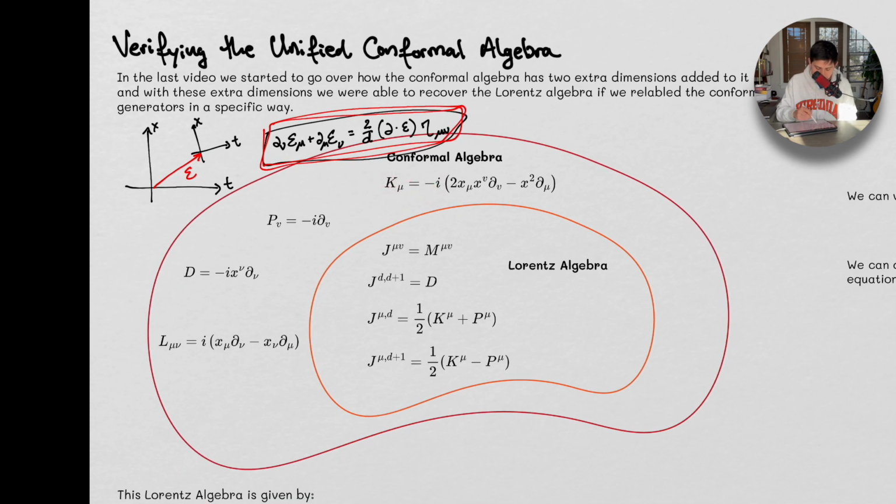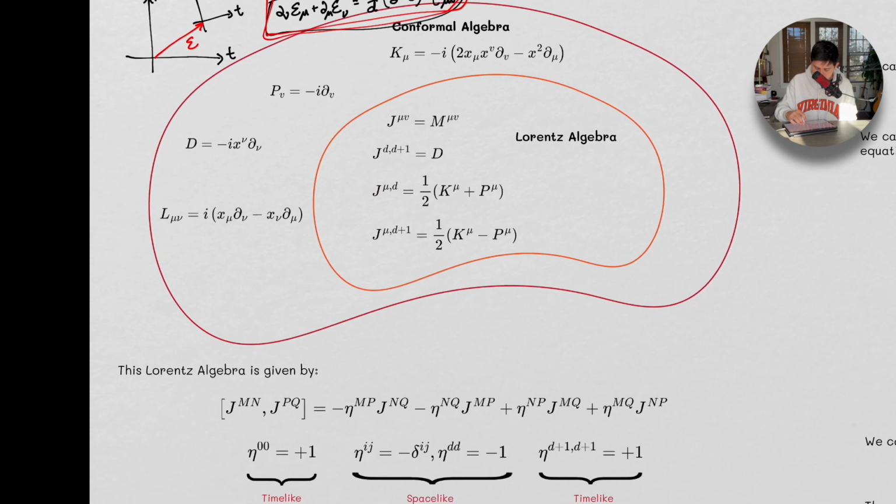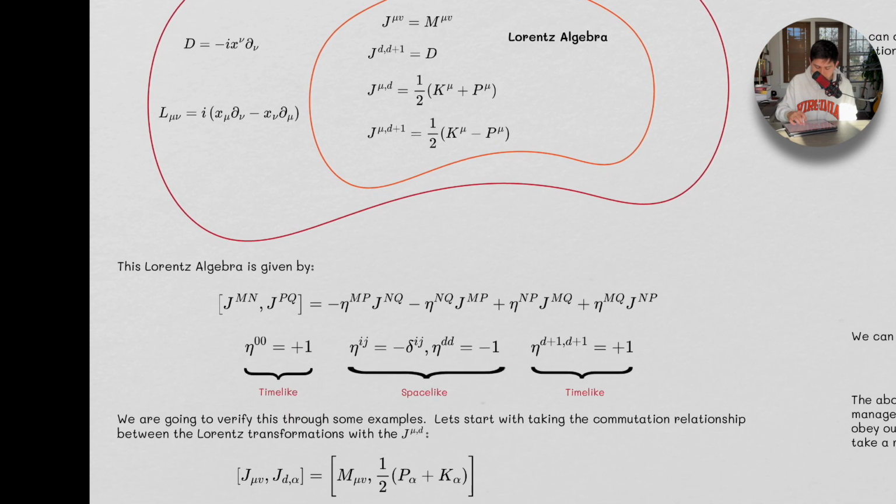We're then able to package all of these guys into these generators here, and these generators here we found we were going to find obey this relationship right here. So let's go ahead and show this now. We're going to show it generally. Okay.